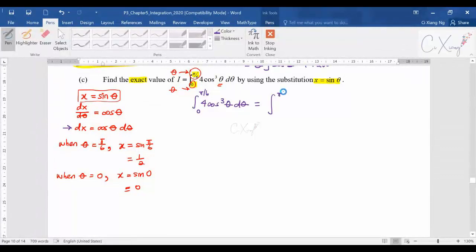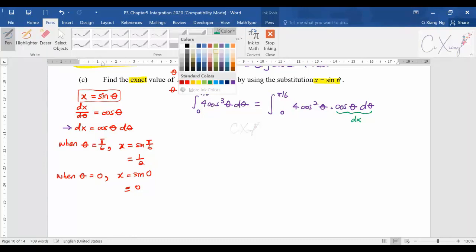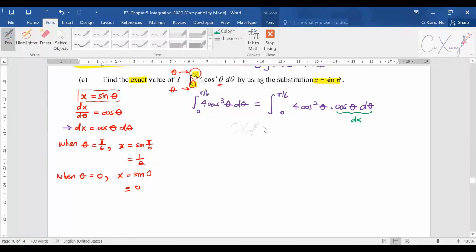So in my expression here, I rephrase it like this: 4 cos square theta multiplied with cos theta. Cos power 2 theta multiplied with cos theta gives you cos power 3, and then d theta. I need to rephrase it like this because I want to replace this part by dx later. I hope that you can see that.